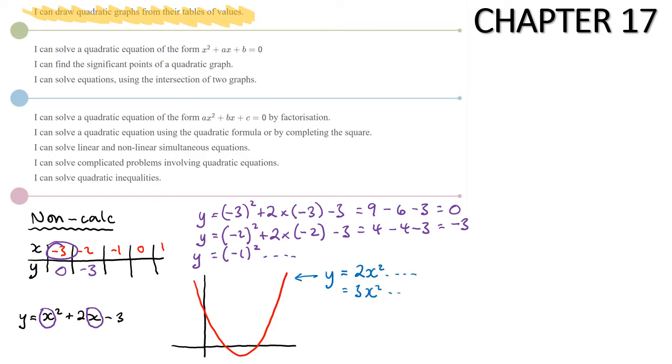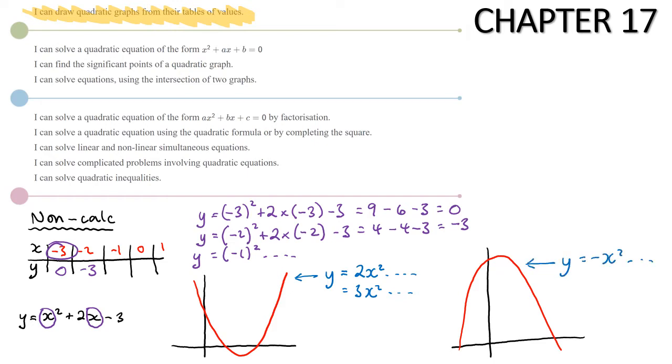The other type of quadratic graph looks like the same thing but upside down, like this. Again, it may be in a different position, and you'll get this when it's negative, like -x squared or -3x squared. Anything with a negative in front of the x squared will turn the graph upside down.